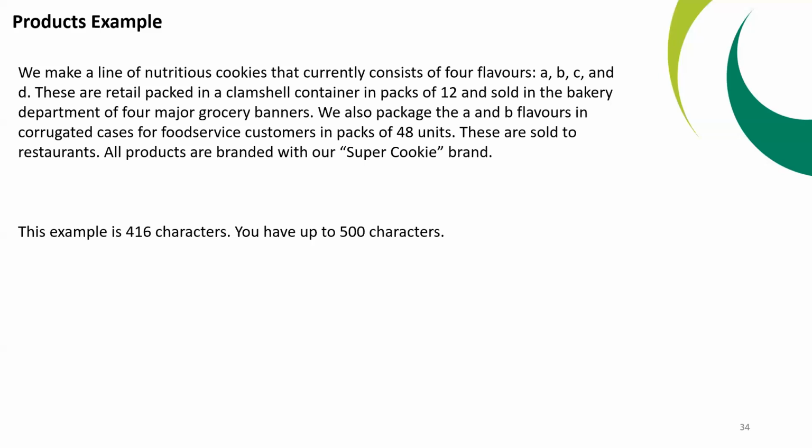All products are branded with our Super Cookie brand. So this is pretty short. It's 416 characters, but I think 500 gives you room to tell what you're selling. So please don't just say we sell pies. Is it fruit pies, meat pies, what flavors, what size, etc., all that stuff.